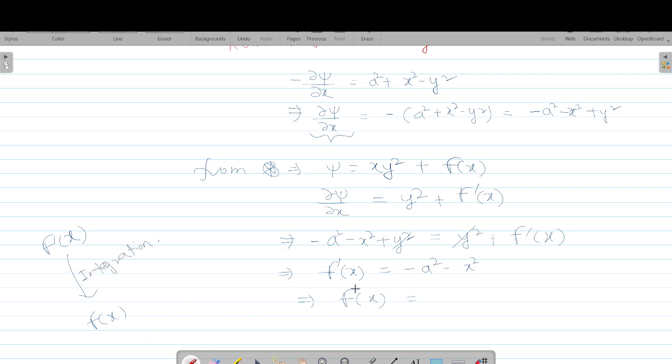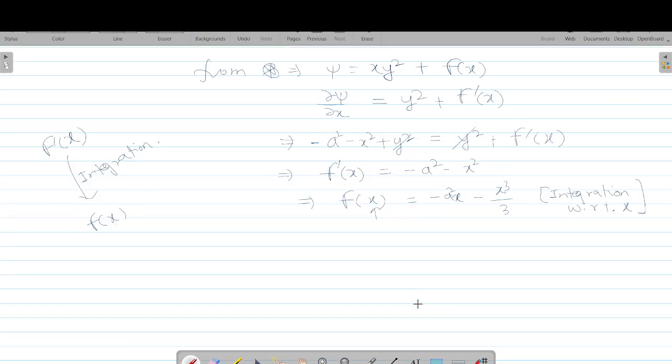The integration of negative a square with respect to x, of course, because the variable is x, gives negative a square into x minus x cube over 3. So this gave me the value for f of x.